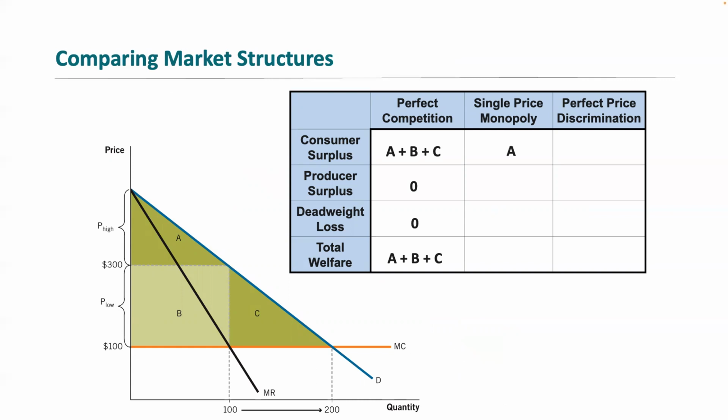In a single monopoly, the consumer surplus is A, producer surplus is B, and deadweight loss is going to be C. Total welfare is only A and B added together. And with perfect price discrimination, it's going to look exactly like perfect competition. So this is a good little cheat sheet figure for you as you prepare for that exam.